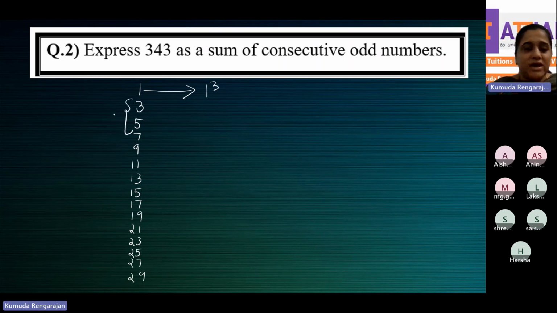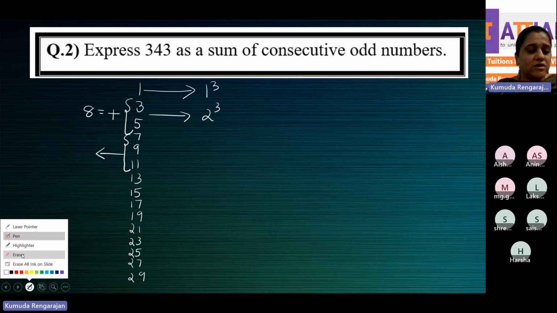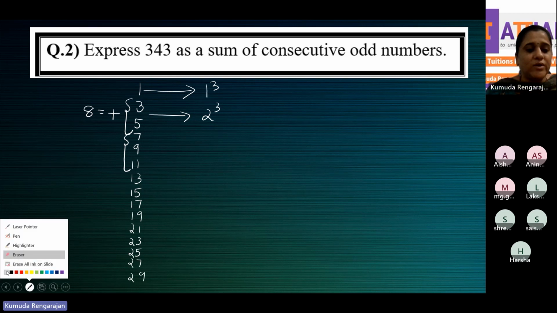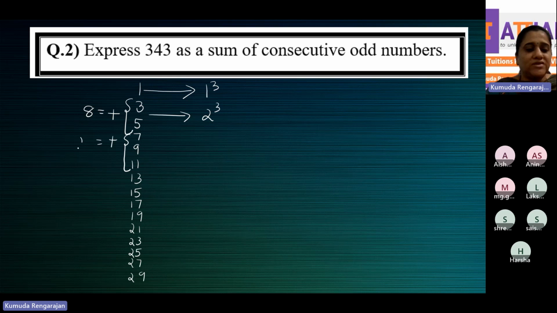Take the next 2 numbers and find their sum. The sum is 8. And that is 2 cubed. Take the next 3 numbers and find their sum. The sum is 27, which is 3 cubed.